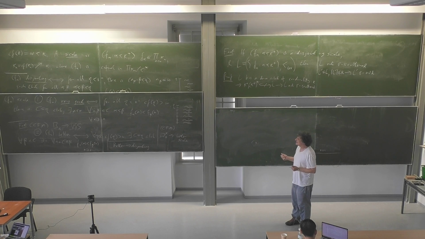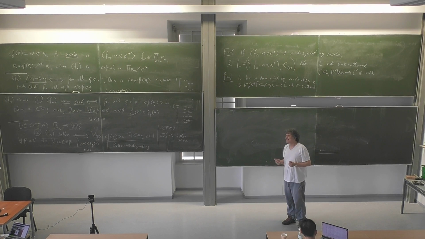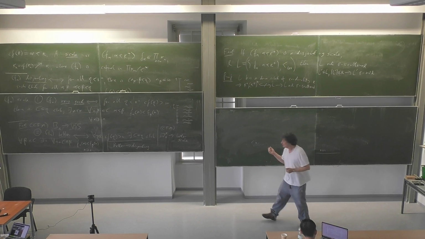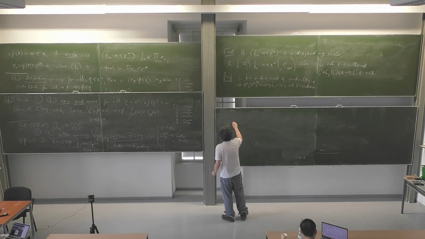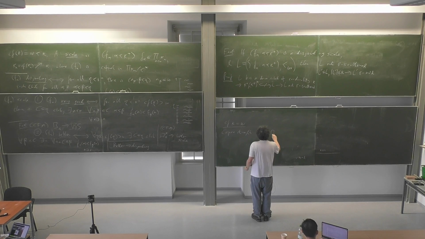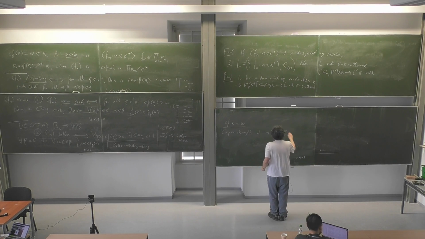How does the consistency strength of the failure of square kappa for cof kappa equals omega compare with the consistency strength of the failure of weak square kappa? So that's my question.